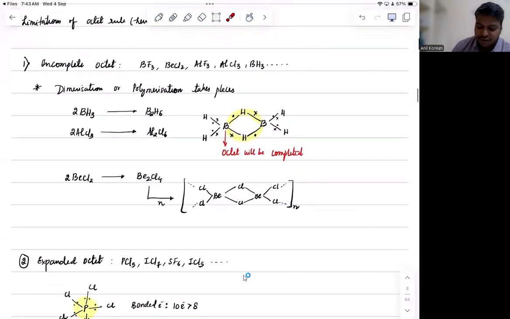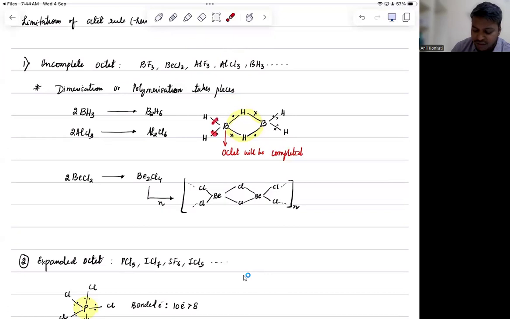What are the limitations of the octet? See, if there is an incomplete octet, BF3, BeCl2, AlF3, AlCl3, BH3, in all of these cases they have either 4 electrons or 6 electrons in the valence shell. Next, dimerization or polymerization takes place here. For example, if you take BH3, 2 moles of BH3 will become B2H6. AlCl3, 2 moles will become Al2Cl6. You can notice now boron is trying to complete its octet by making a bridged bond here.